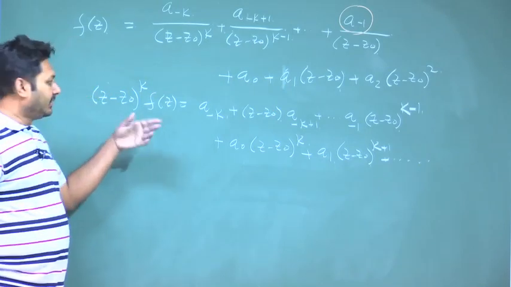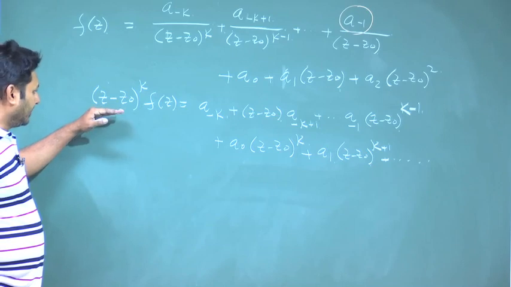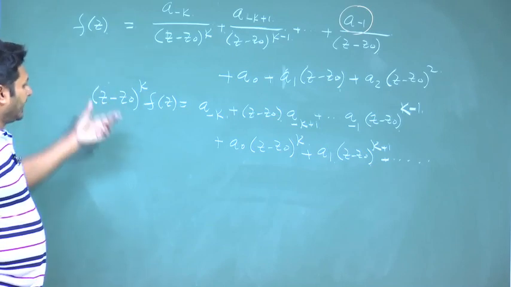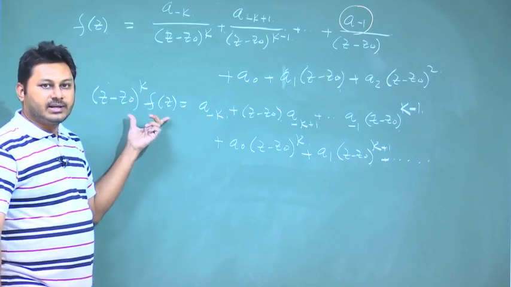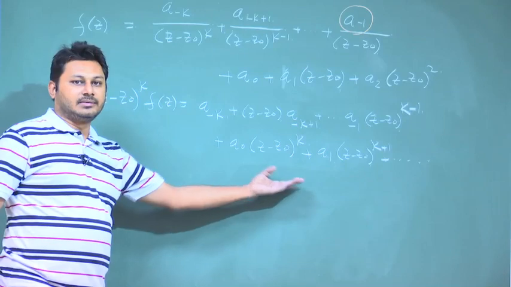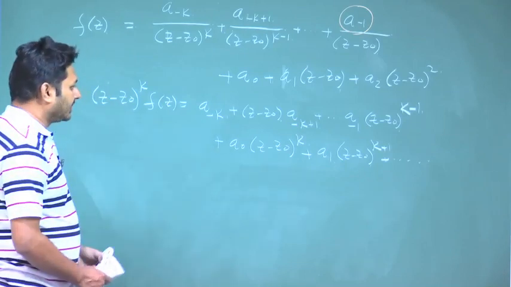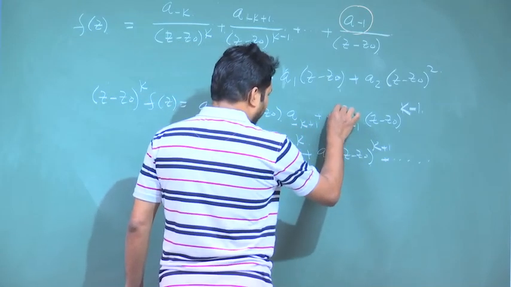In the previous case I multiplied by (z minus z0). In this case, if I have a pole of order k, I multiply (z minus z0) to the power k to the entire function, and the expansion should be something like this. Once I have the expansion, the quantity a minus 1 is still sitting here, which I need to find out.